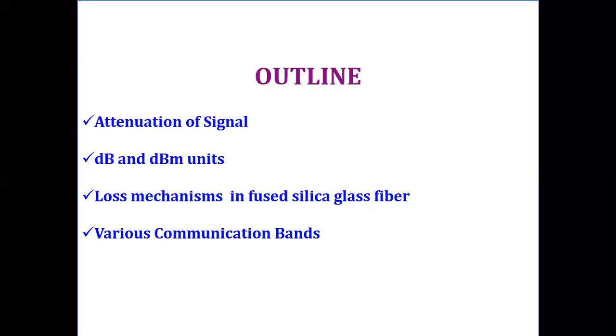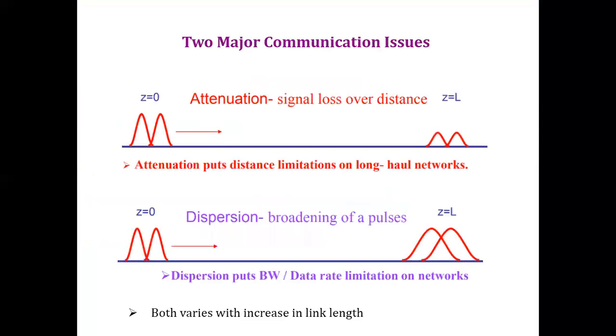Then what are the loss mechanisms in fused silica glass fiber, at what wavelength you have the lowest loss, what are the various communication bands, and what are the future systems we are looking at. So these things we are going to see in this class.